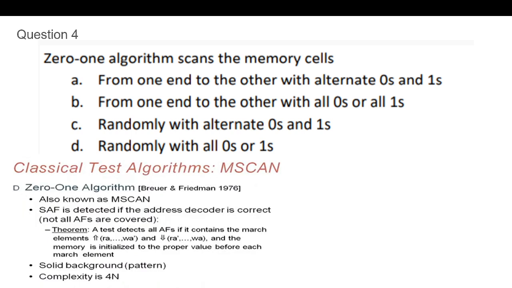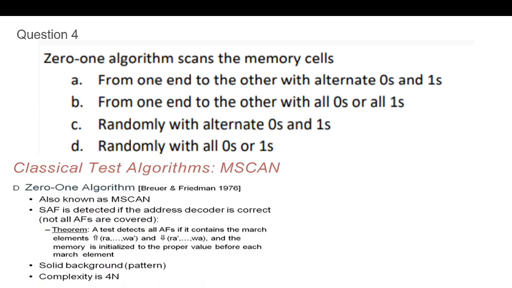Next question. The 0-1 algorithm scans the memory cells. Option A, from one end to the other end with alternating zeros and ones. Option B, from one end to the other end with all zeros and then all ones. And next is randomly with alternate 0s and 1s, or randomly with all 0s.